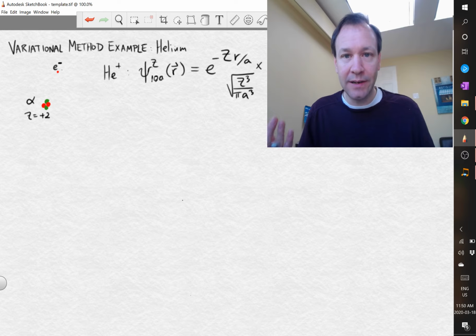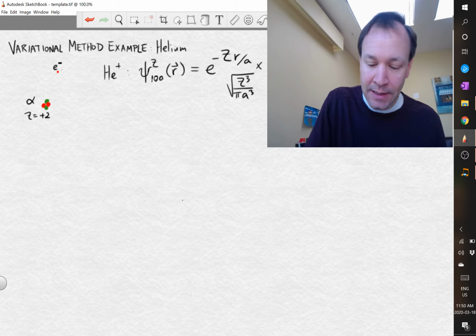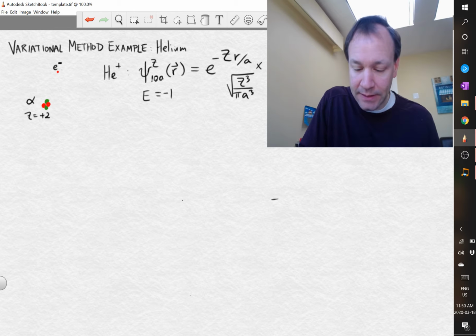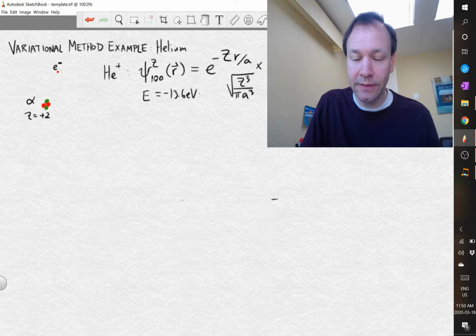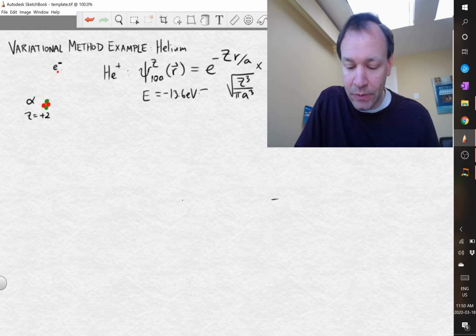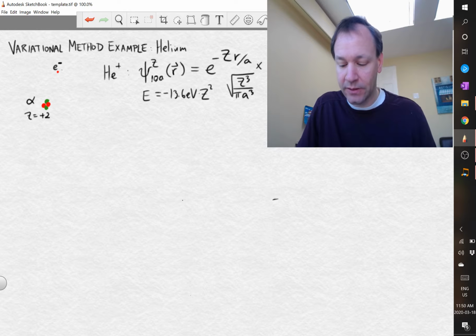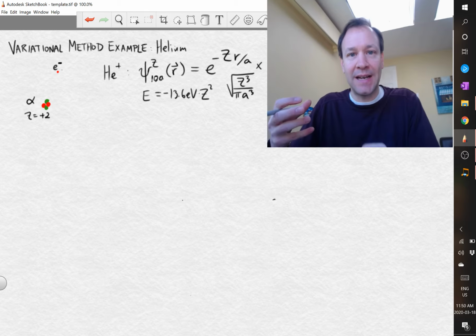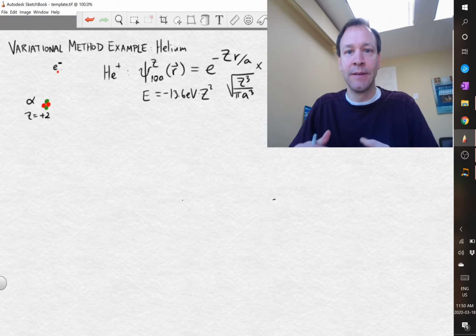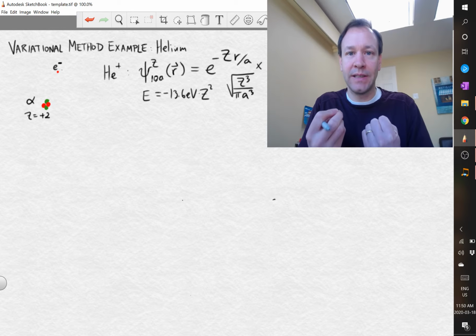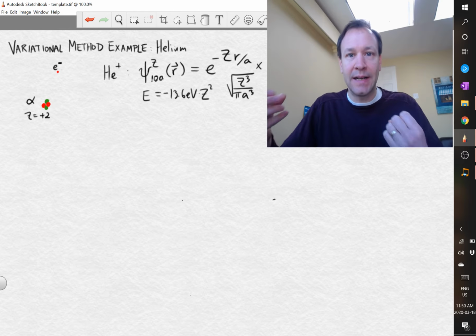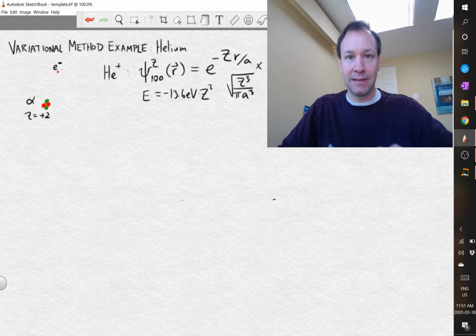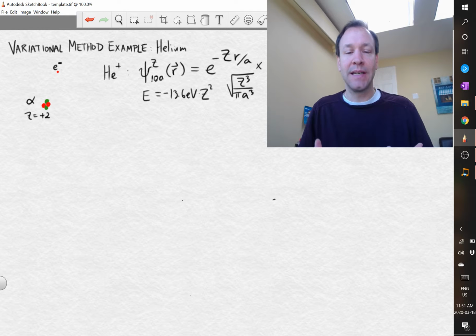And if you work out the corresponding energy eigenvalue, it turns out that it's just minus 13.6 electron volts, but now times Z squared. Physically, because you have that extra charge in the nucleus, there's a larger attraction between the electron and the nucleus. The electron ends up closer to the nucleus, the binding energy is larger, and so the overall ground state energy is going to be lower.